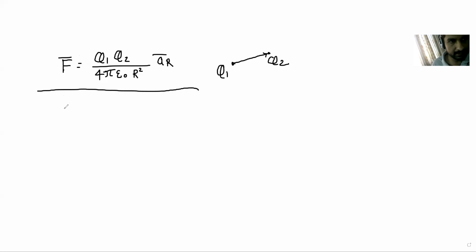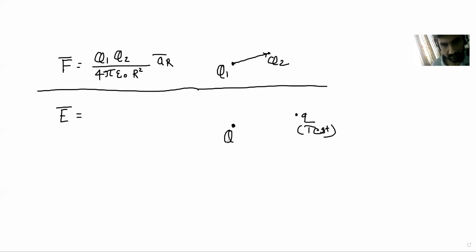Now we have extended this idea to electric field intensity, denoted by capital E, which is also a vector quantity. The direction of electric field intensity is the same as that of force. Here we take one charge as the source charge, capital Q, and the other as the test charge, small q.